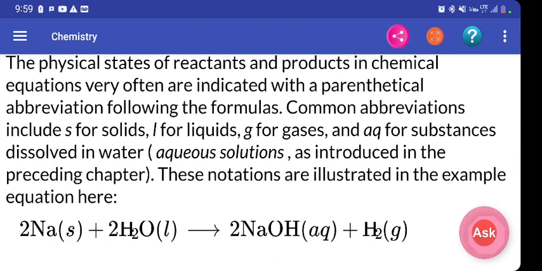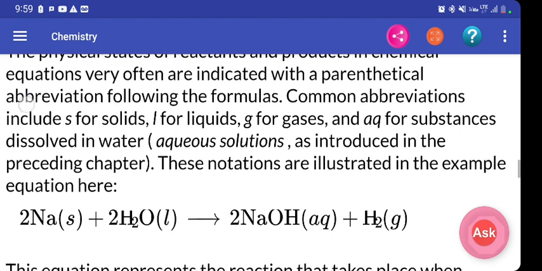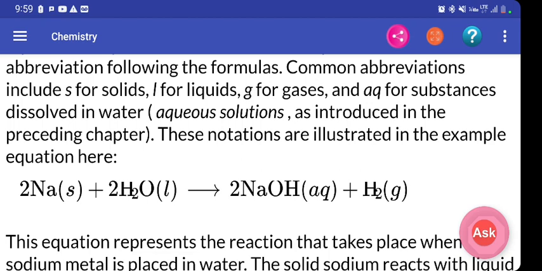Common abbreviations include s for solid, l for liquid, g for gases, and aq for substances dissolved in water, aqueous solution, as introduced in the preceding chapter. These notations are illustrated in the example equation here.